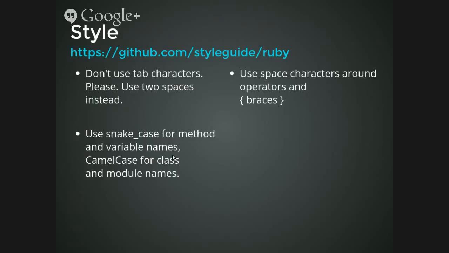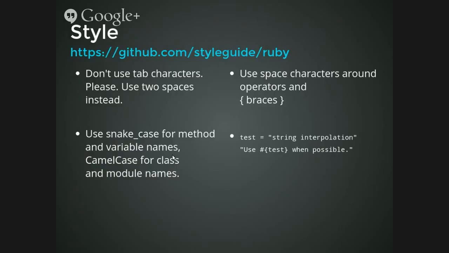This one is not as important, but it's nice to have spaces around operators and braces. If you have braces, you should have 1 space in between, for consistency and because it looks nicer. And here we go. String interpolation is this nice thing in Ruby where you can evaluate Ruby inside of strings and get the return value.